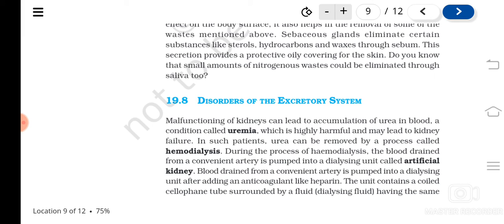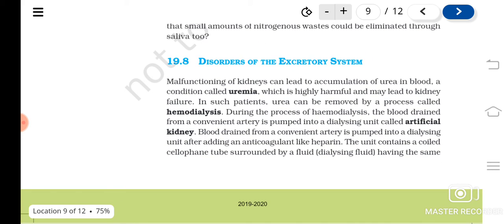What is that? The blood will be taken out from the patient, and then it will be sent through the dialysing unit, called what? Artificial kidney. And in that the waste materials are removed. The blood will also be treated with some anticoagulants like heparin.